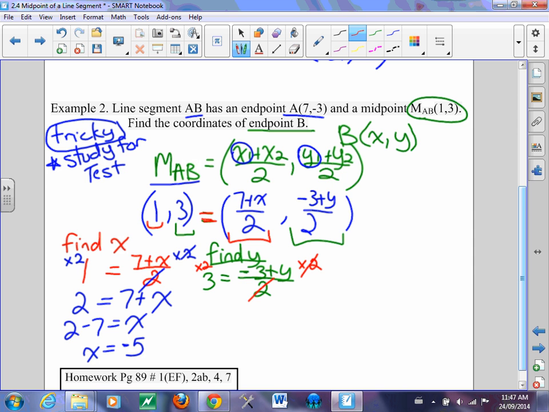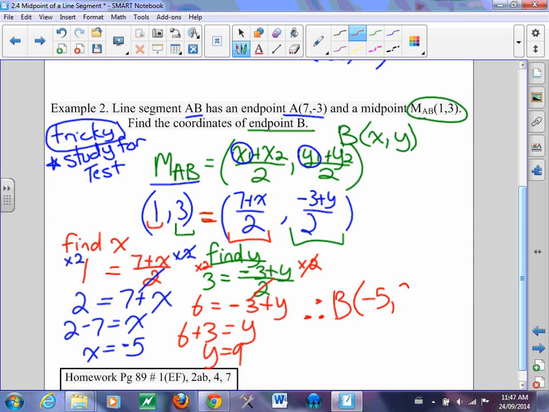These will cancel out. So we're left with 6 equals -3 plus y, my fault. Okay, to get y by itself, take the -3 over, and it becomes +3. So y equals 9. Therefore, point B is (-5, 9).